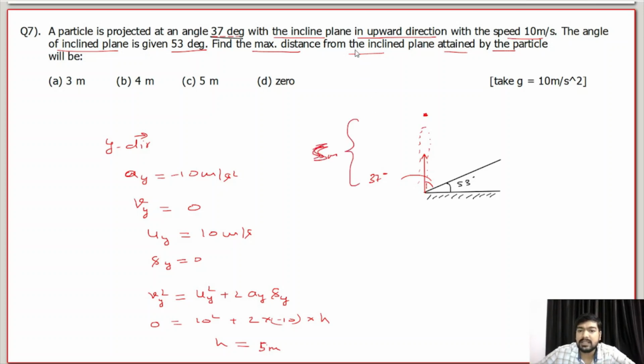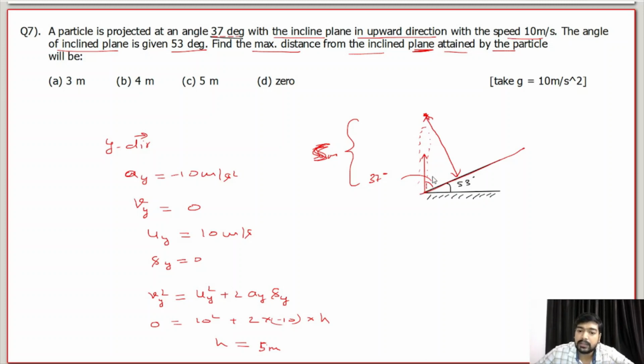So can you say that the distance from the inclined plane is 5 meter? No, we have to calculate this distance because it says the inclined plane, and the plane is in this direction. So we have to calculate the perpendicular distance. Okay, and this is 5 meter. Angle is 37. This is hypotenuse.